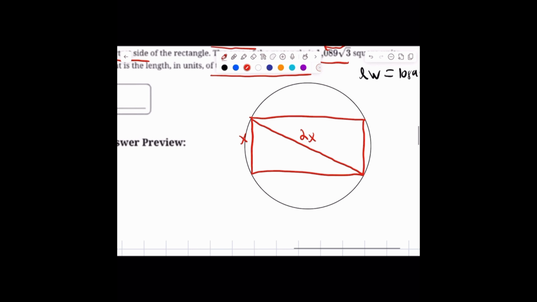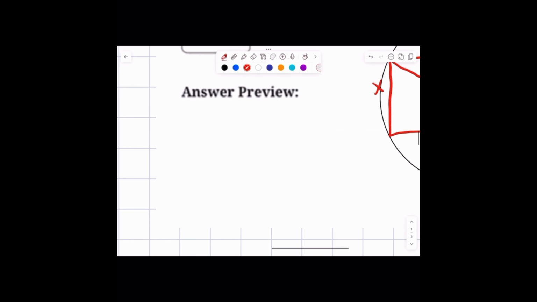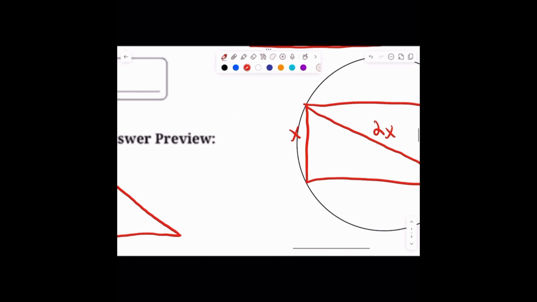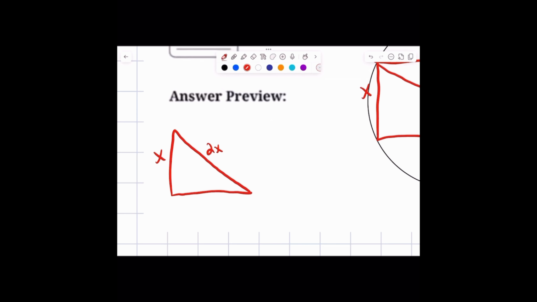And now we see another pattern again, like we saw in the previous question. This is a special right triangle, because this side, this 2x, goes here, and this x on the wall also goes here. And by looking at our SAT formula sheet, we will see that the next side of this triangle would be x root 3.